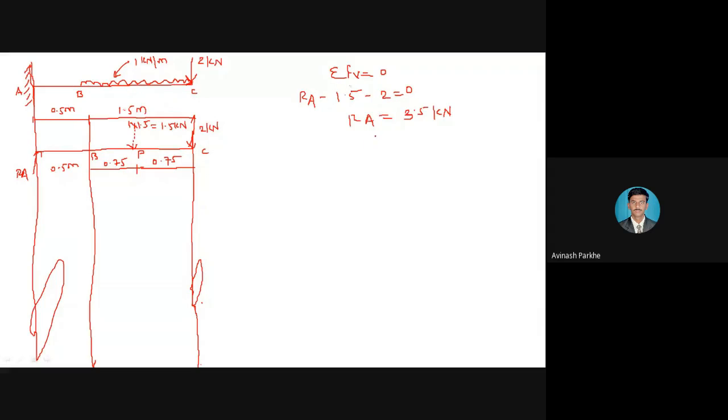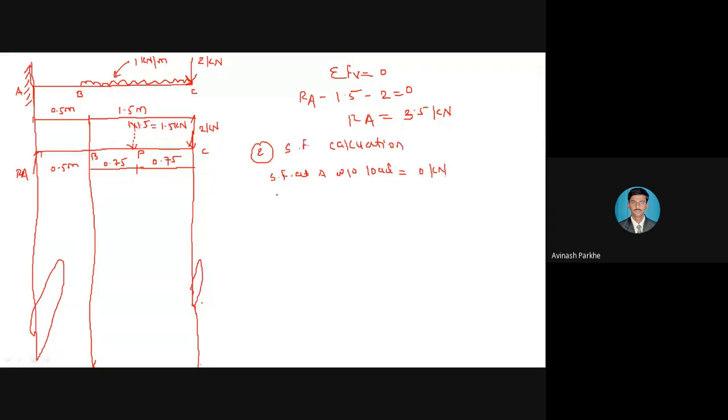Now directly I will start with the SF calculation. As for the cantilever beam, again we have to start the SF calculation from the left side of the beam. So the left side point means point A. So start SF at A. As there is a reaction, SF at A without load is equal to 0 kilonewton.